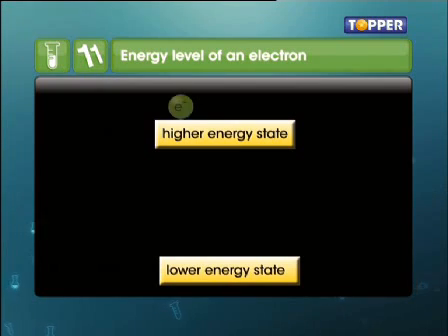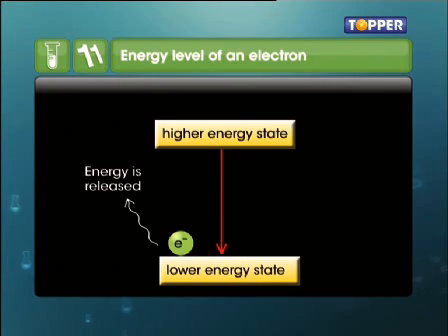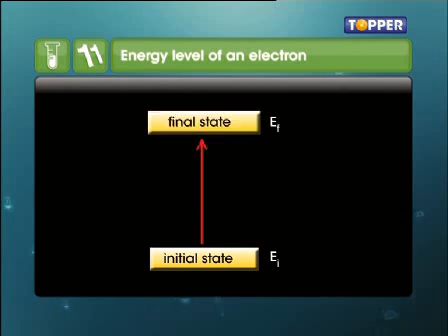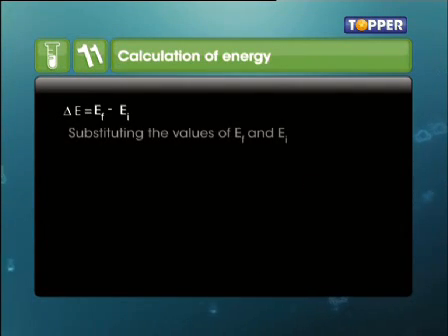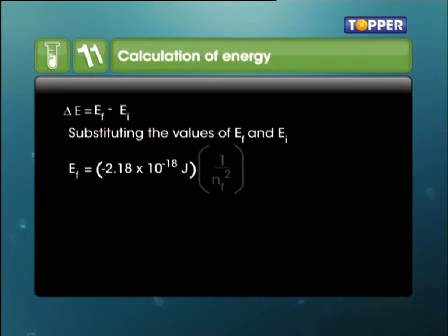Conversely, radiant energy is emitted when the electron jumps to a lower energy state. So, if the electron jumps from an initial state that has energy Ei to a final state of energy Ef, the change in energy is given as delta E. Substituting the energy expression for initial and final state in the equation, we can easily calculate the energy of the electron.